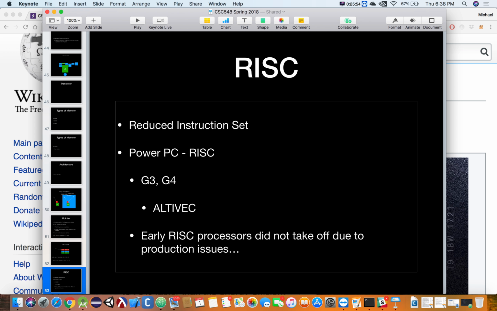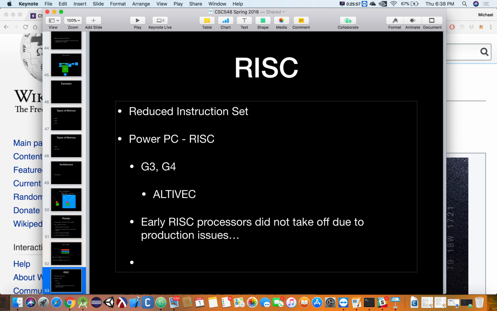So, for instance, Sun Microsystems had a RISC processor. Anybody know what their RISC processor was called? SPARC chip. All right, and some of those Sun Microsystems workstations don't even exist anymore, I guess, because now it's Oracle.